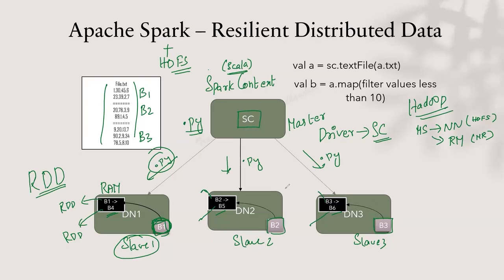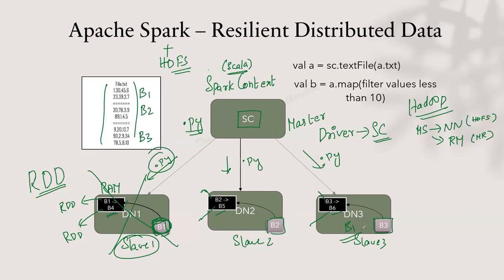Now, why do they carry the name resilient? Because of the replication factor. We are handling the fault tolerance. Like we have discussed just now, something goes wrong with this system. The intermediate output gets deleted. No worries, you have block B1 available on another node. Pick it up from there, process it.